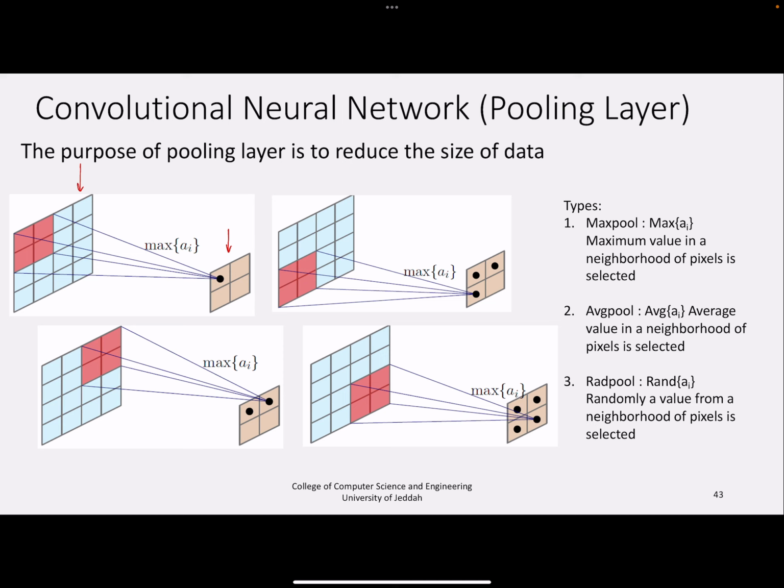Out of all the overlapping values of the input, this filter picks the highest value. It picks the maximum value out of those 4, and it puts that maximum value in the output image over here.